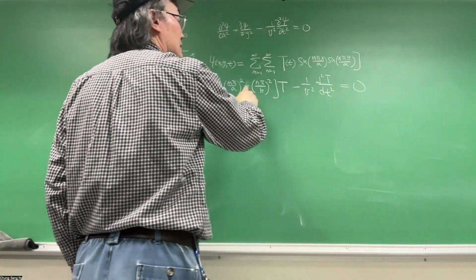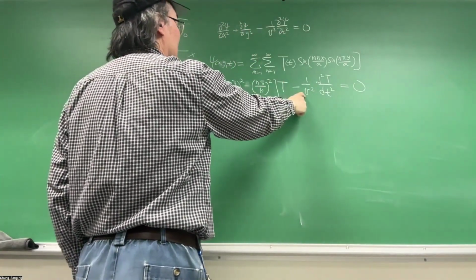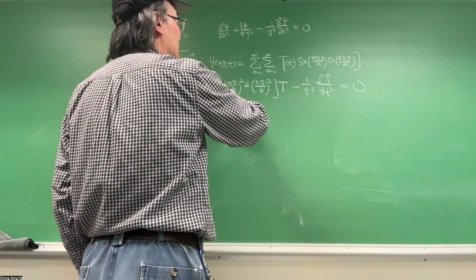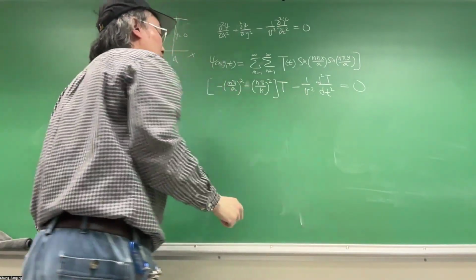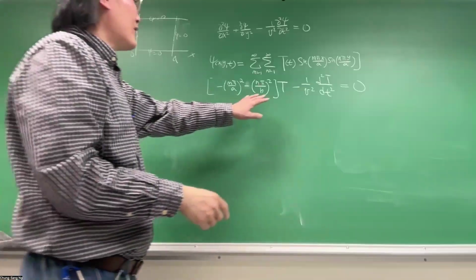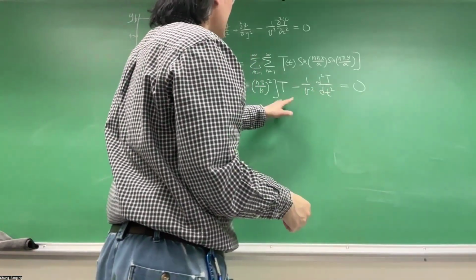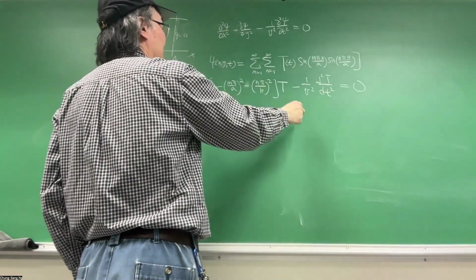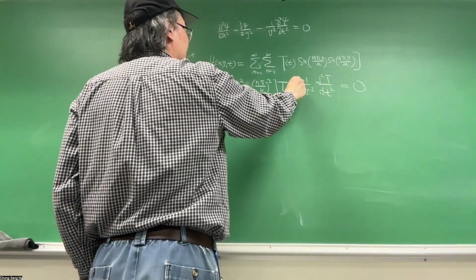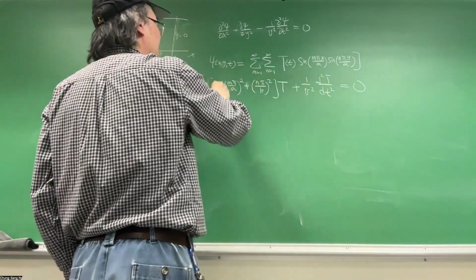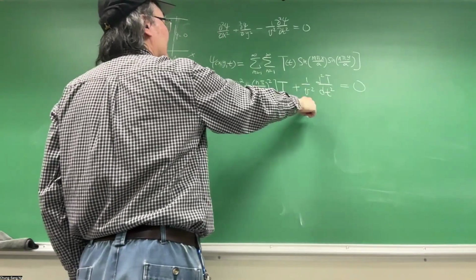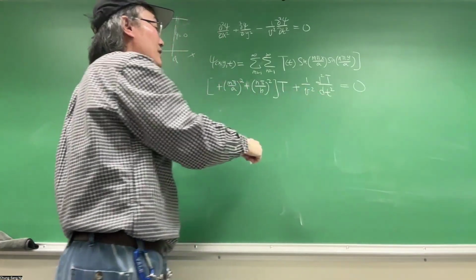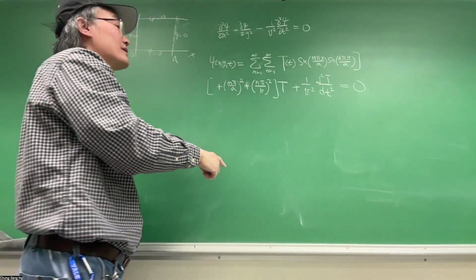So it means that if you multiply this to the other side, this is like a simple harmonic oscillator, except that we have a negative sign. If you like, you can now change all the negative signs to positive signs, because the right hand side is 0. So change all to positive, right? And that becomes a simple harmonic oscillator, where you see that, right?